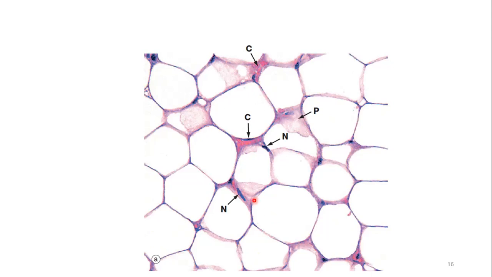And that's why you see that the nucleus is only in one position. Instead of being in the center, the nucleus is pushed to the periphery. That's the nucleus, that's a nucleus here.